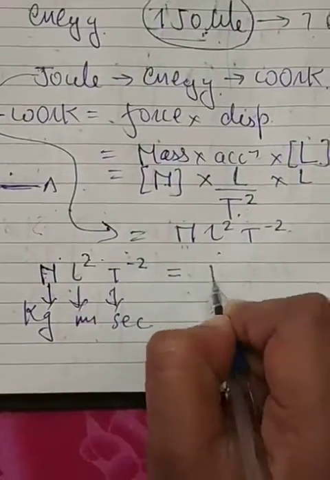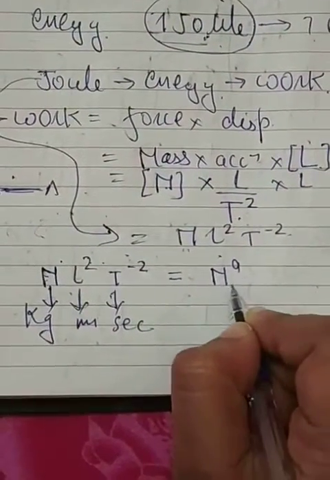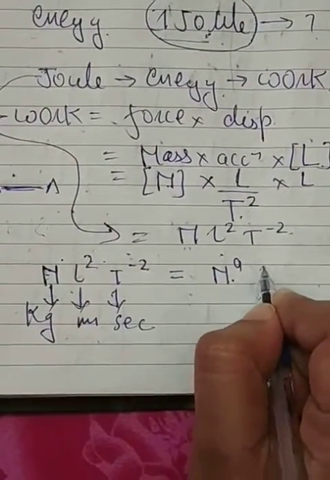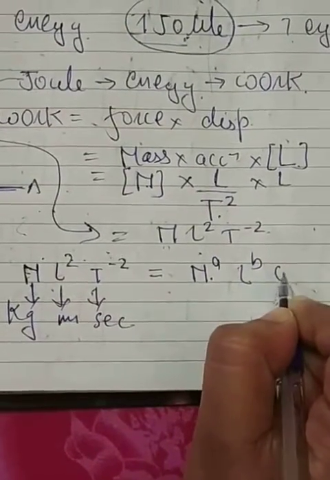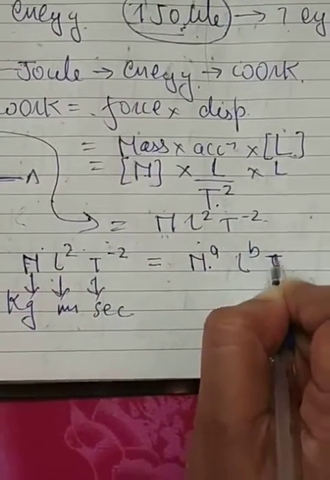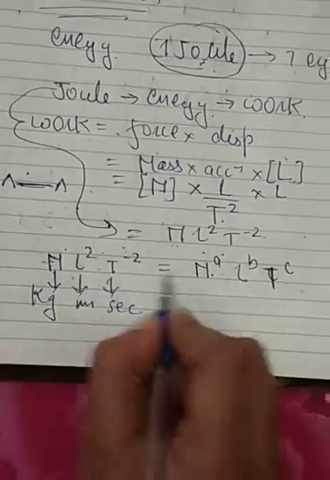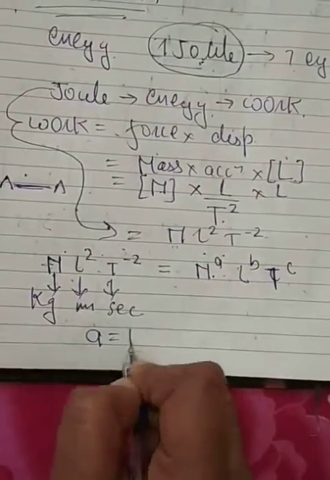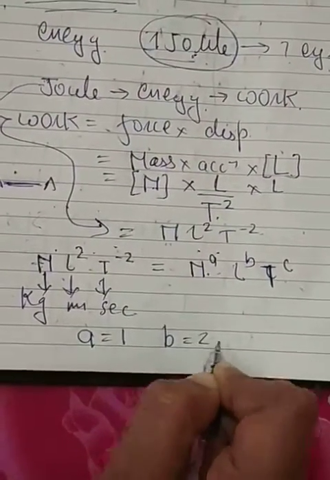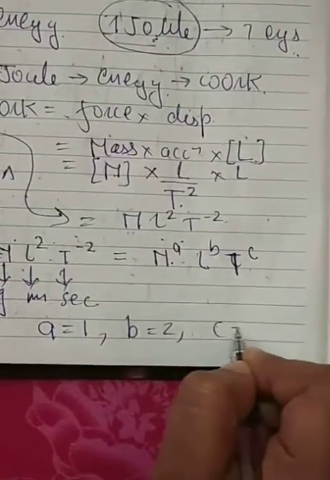The powers are M to the power a, L to the power b, and T to the power c. If you compare both sides, a is equal to 1, b is equal to 2, and c is equal to minus 2.